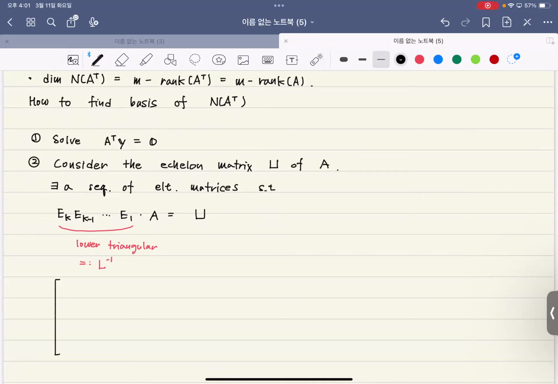Now let me magnify the left-hand side of this equation.